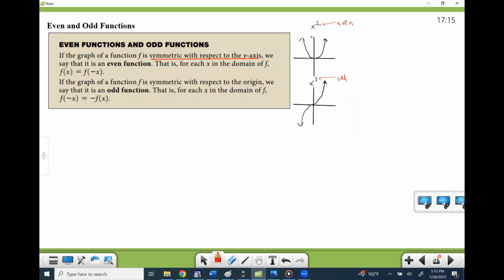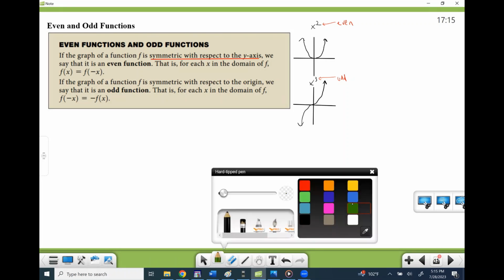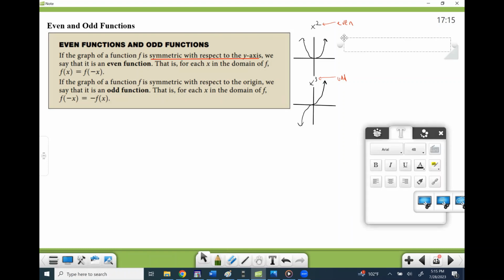And notice that what's the case for this function? It's symmetric to the y-axis, right? Symmetric to y. I'll probably just type it so I don't have to try to write neatly. And then if you look down here at this other one, this one is symmetric to the origin.